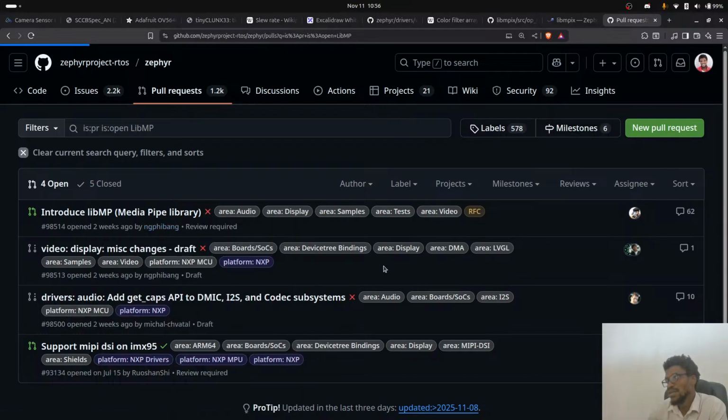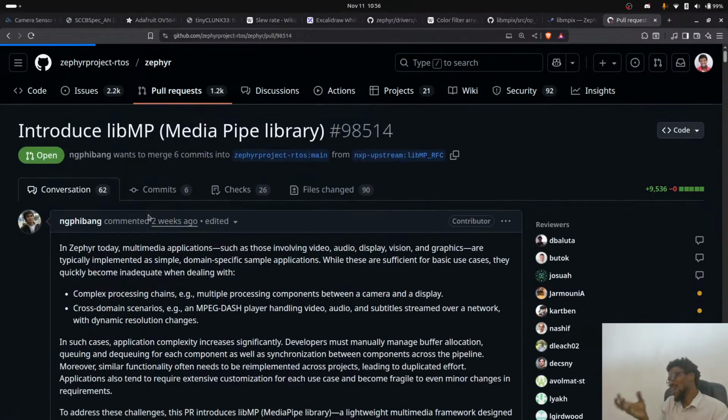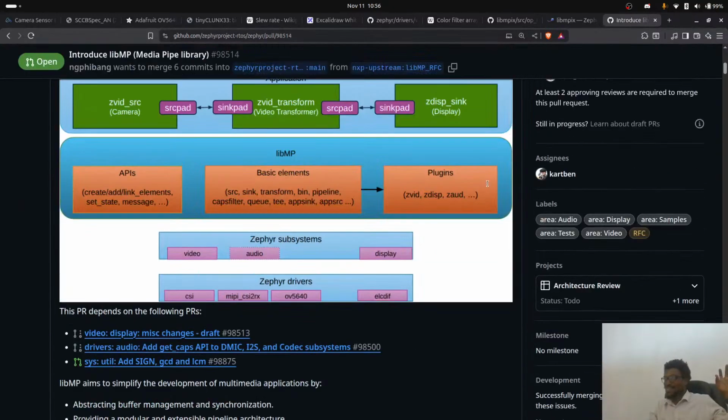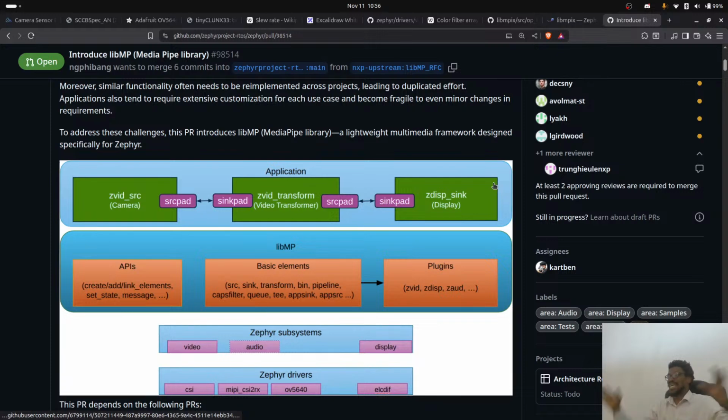So this is what Bartholomew is referring to. Lib media pipe. So one of them is in charge of actually taking bytes and making them pixels, and another one is in charge of enabling you to do the kind of thing I'm doing right now, which is taking multiple streams of images and combining them into something.